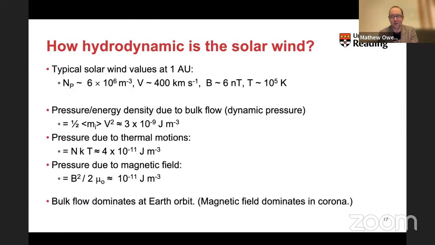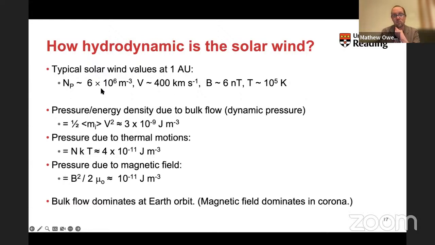And as a solar wind physicist, I am somewhat uncomfortable with them myself. But A, it works. I'll show you the comparison with 3D MHD. And B, there's a fairly good theoretical underpinning for why it should be an okay thing to do. All approximations are bad, but some approximations are better than others.